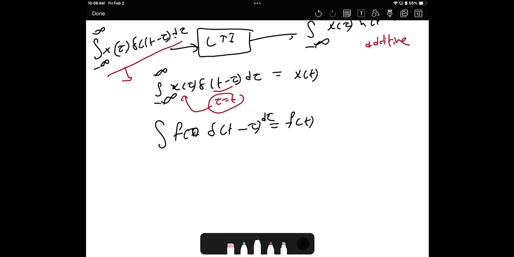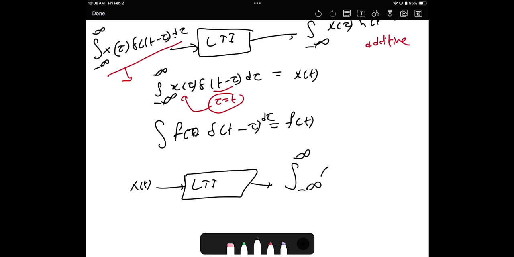Therefore, as a result, for that LTI, we realize this is x of t, so the output is the integration from negative infinity to infinity of x of tau, h of t minus tau, d tau. This is the same as the output. And that's the convolution.